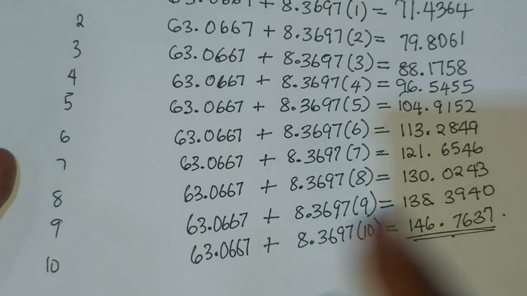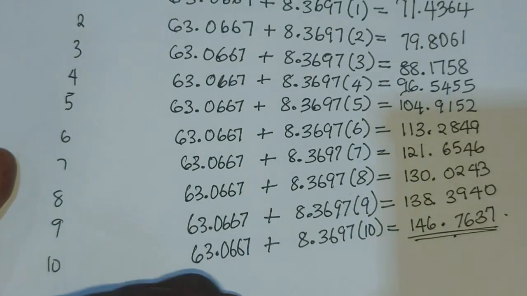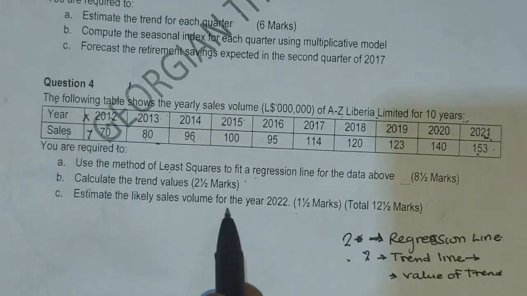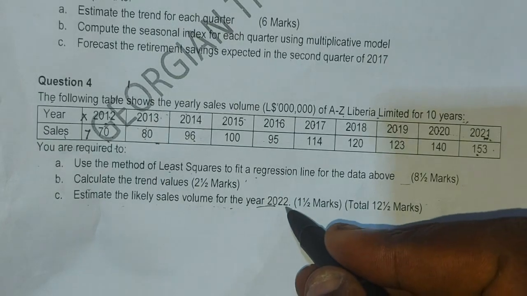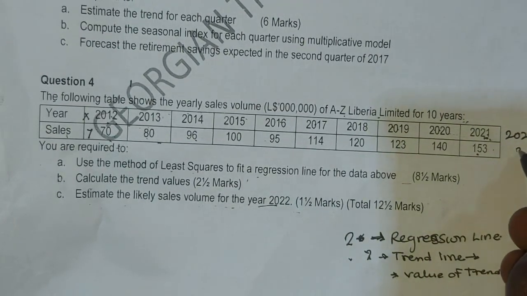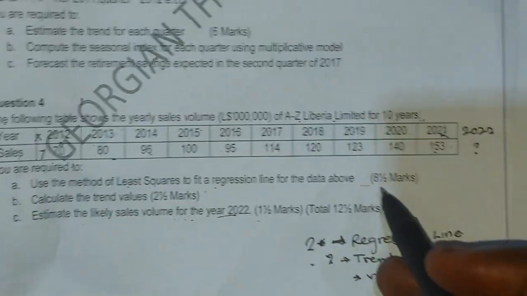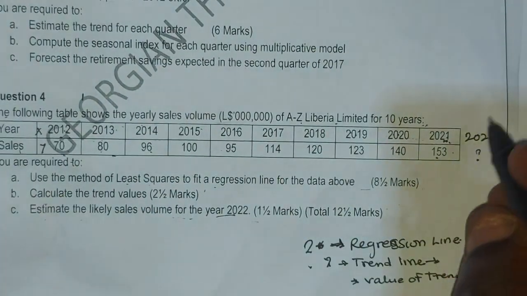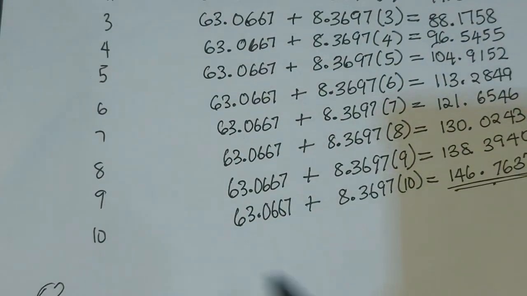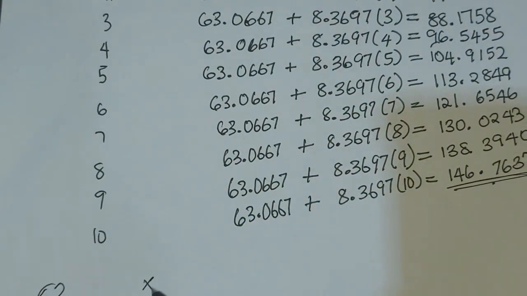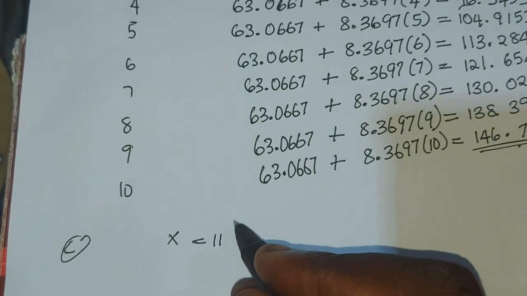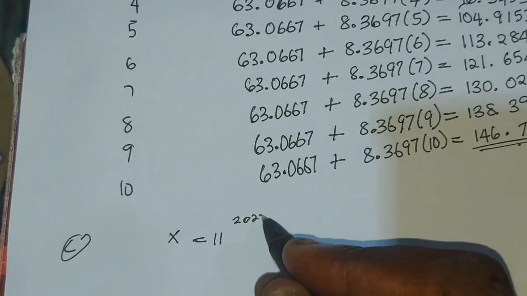All right, now the C part of the question says that we should estimate the likely sales volume for 2022. If you have 2022 here, our x value will be 11. So all you need to do is to use the trend line where x will be equal to 11 for 2022.